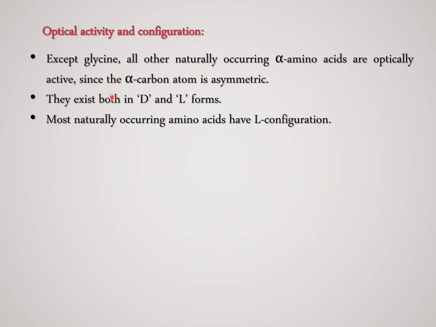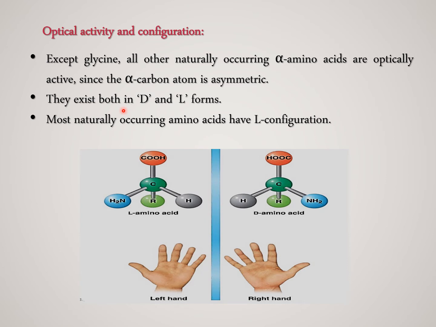Now, the amino acids exist in the D and the L forms. It is observed that most of the naturally occurring amino acids have L configuration. The L configuration has the amino group on the left side of the carbon atom and hydrogen on the right side.